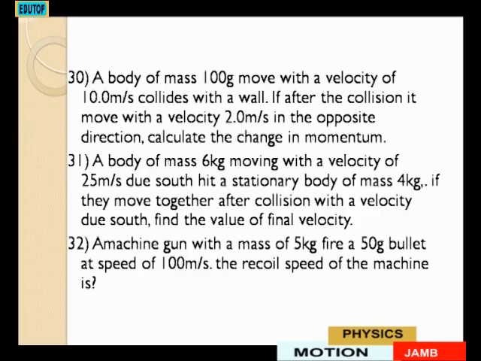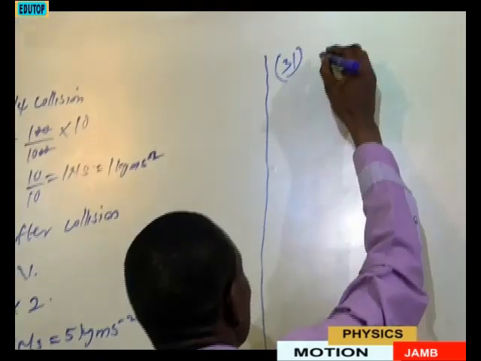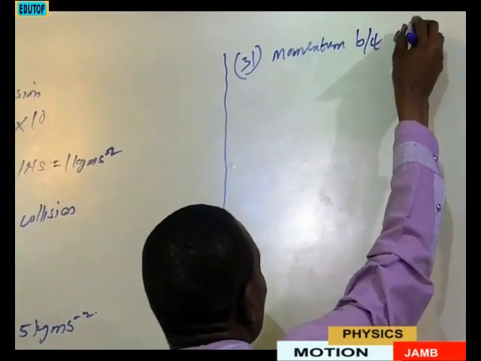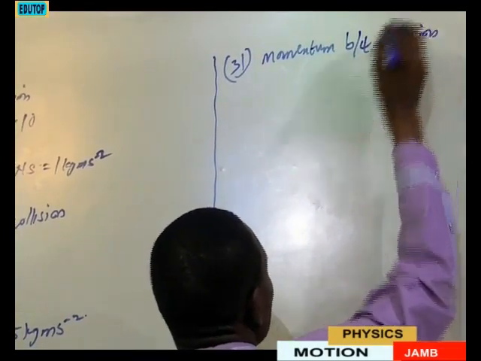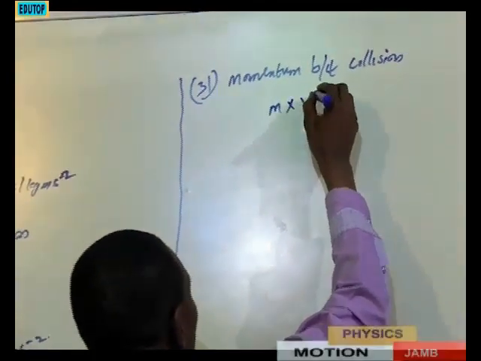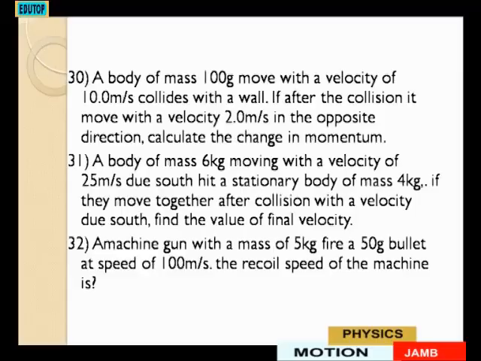We are going to consider the conservation of linear momentum here. Before collision, momentum, which is equal to mass times velocity, will be equal to the mass of the body, which is 6 kg, with a velocity of 25.